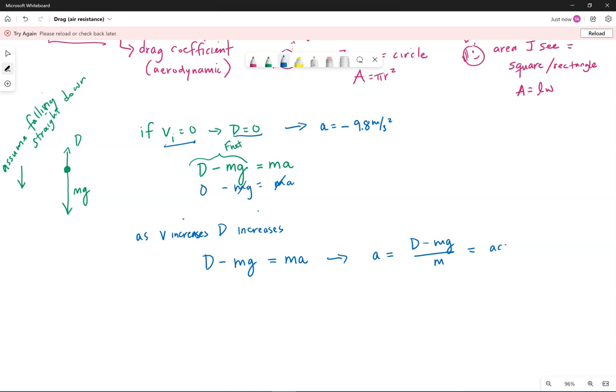This acceleration gets less negative. It's initially downwards at 9.8.